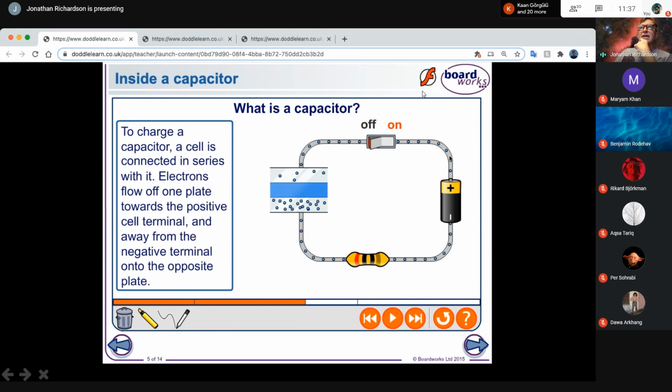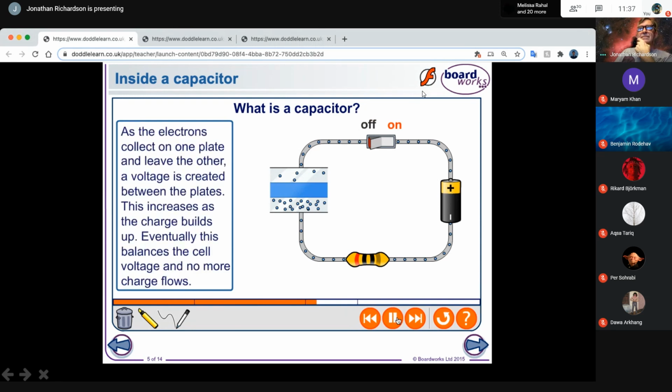They've traveled through this electrical circuit onto this plate just here. Now, if we again consider this circuit, as the electrons collect on one plate and leave the other, they build up charge. Eventually, though, this will balance and all of the electrons, near enough, are on one plate and there are no electrons on the other plate.